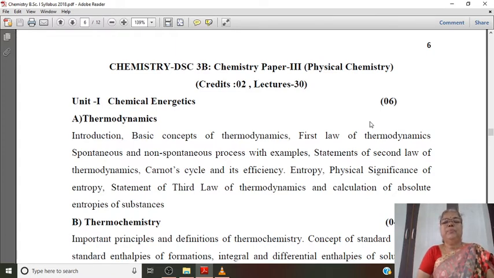The name of that paper is physical chemistry, and the course is denoted by DSC 3B. It has 2 credits and 30 lectures.